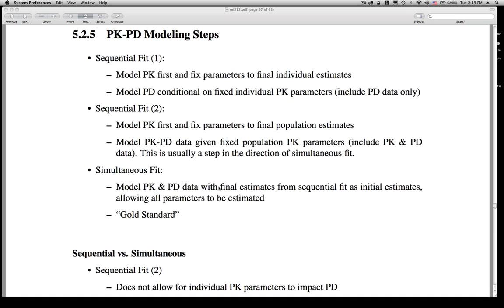You'll start with this sequential fit at the population level just to get some good initial estimates of both the PK and PD, and then go to the full simultaneous fit where PK and PD are estimated simultaneously, maybe using the sequential fit 2 as your initial estimates, and allow all the parameters to be estimated. And this has been called the gold standard, but there are some caveats there.